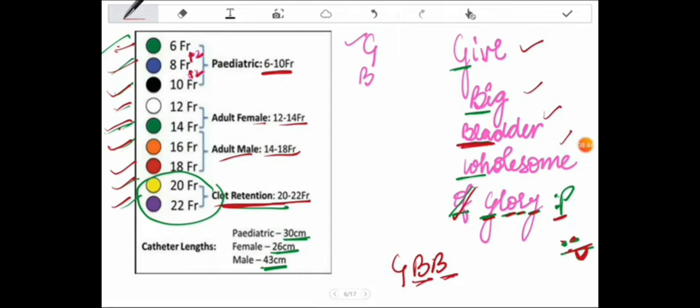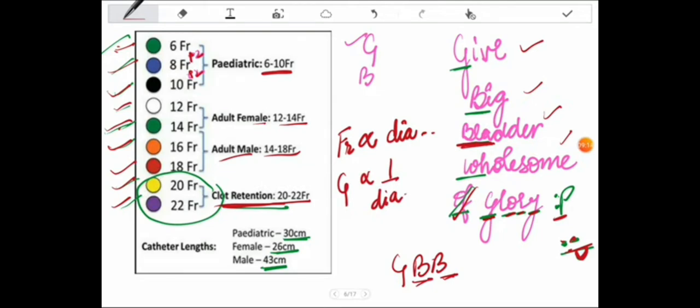And for your convenience, I also want to mention that French is directly proportional to the diameter. So the more the French, the more the diameter of the catheter. But the gauge which we used back then in IV cannulation is inversely proportional to the diameter.